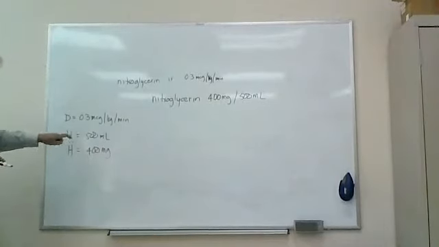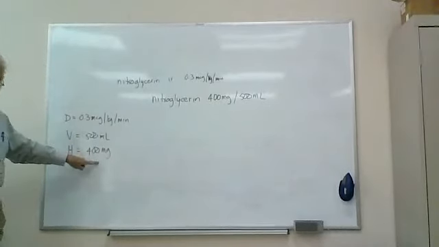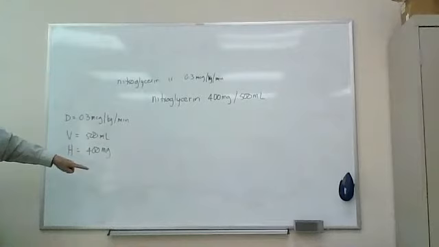I'm going to point out something. We cannot have micrograms and milligrams in the same equation because we have to have the same units. We can either convert micrograms to milligrams or milligrams to micrograms. My rule of thumb, and that's just my rule of thumb, is to always convert to the smaller.